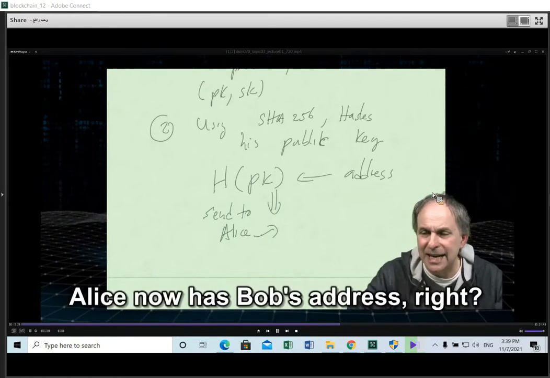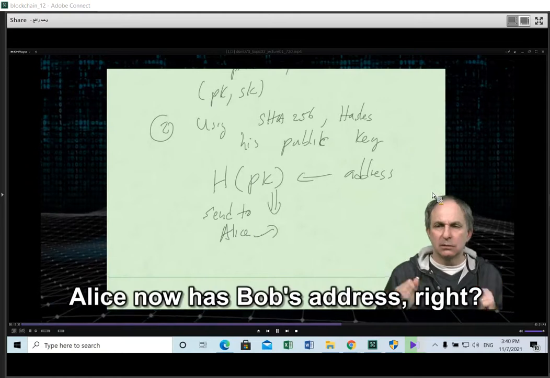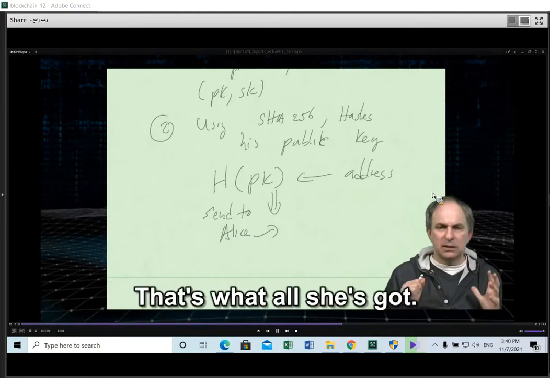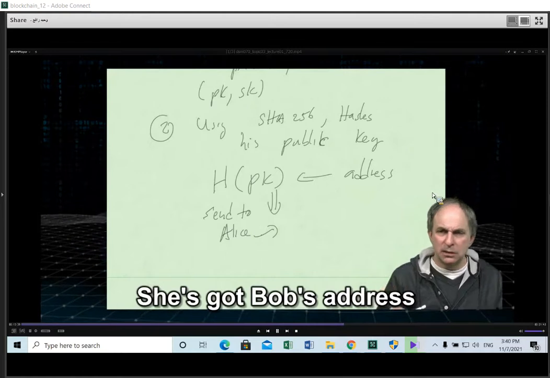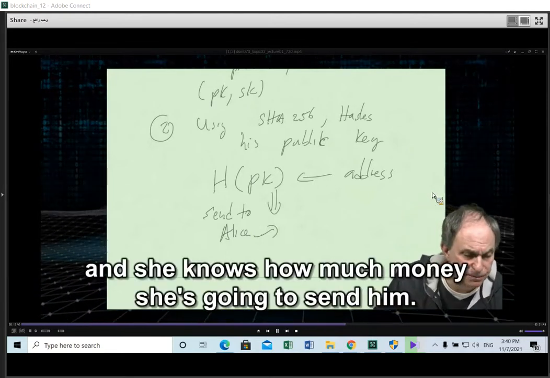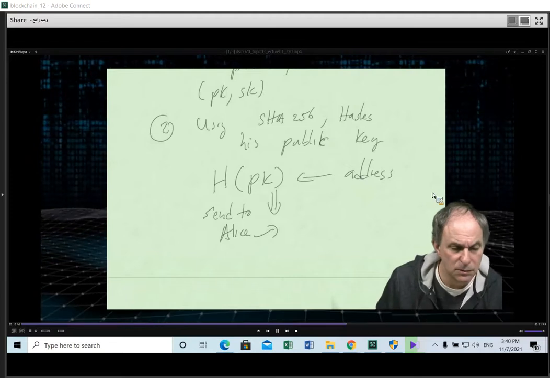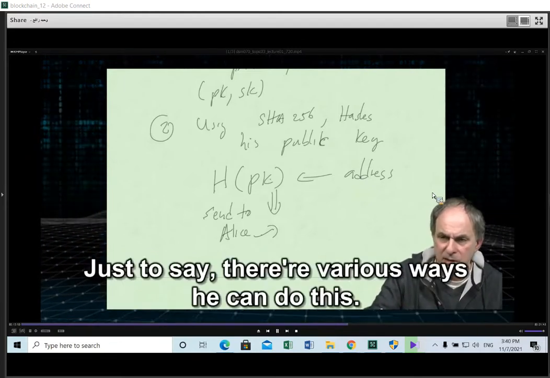Okay, so Alice now has Bob's address, right? So that's all she's got. She's got Bob's address, and she knows how much money she's going to send him. And just to say, there are various ways he can do this.